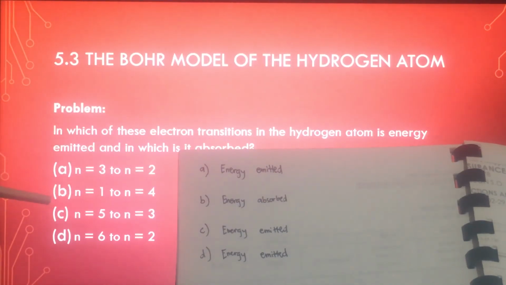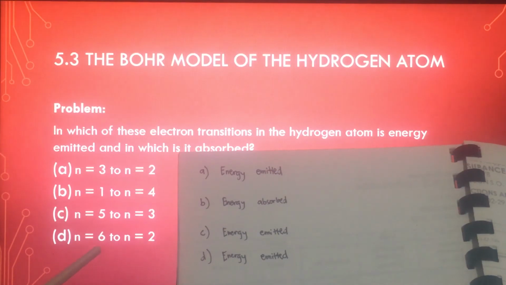For letter B, n is equal to 1 going to n is equal to 4, from a lower energy level to a high energy level, the energy is absorbed by the electron. N is equal to 5 to n is equal to 3, energy emitted. N is equal to 6 to n is equal to 2, the energy is also emitted.